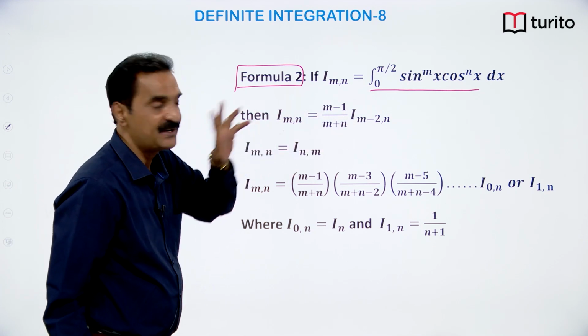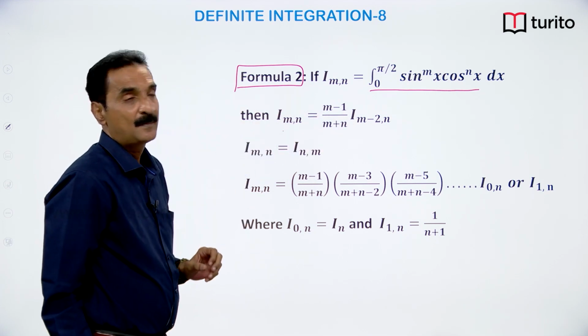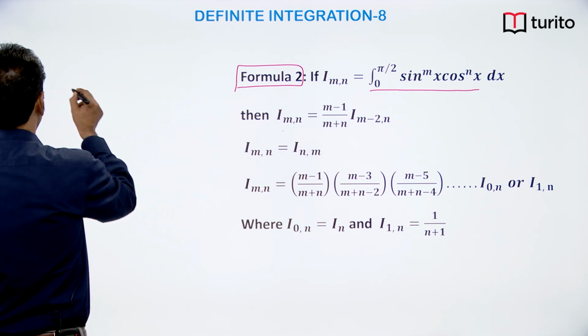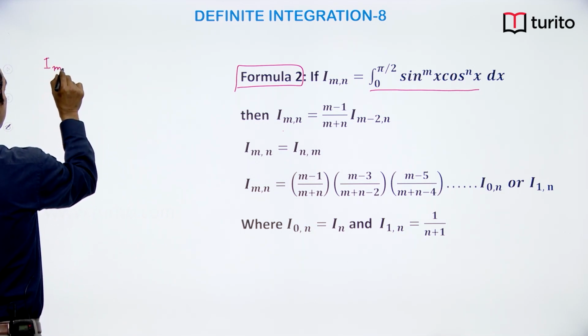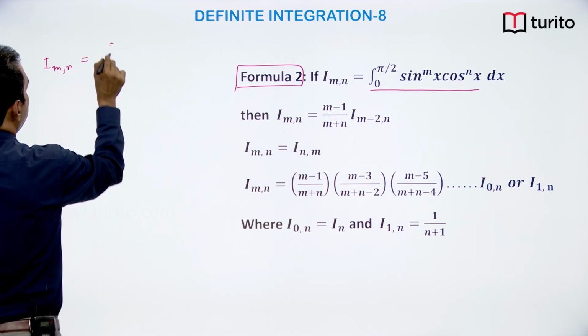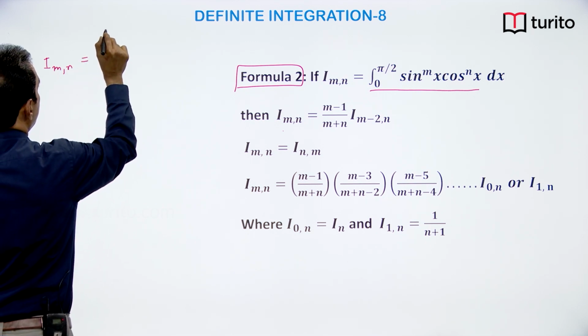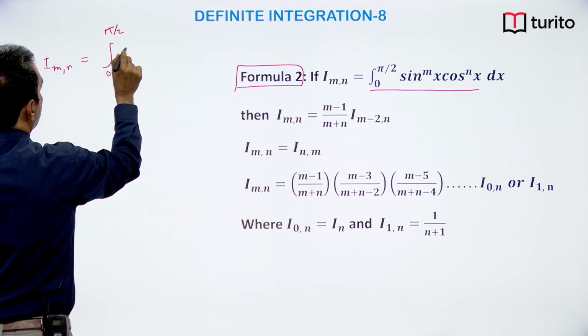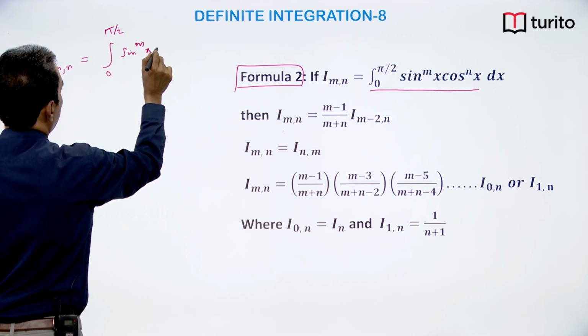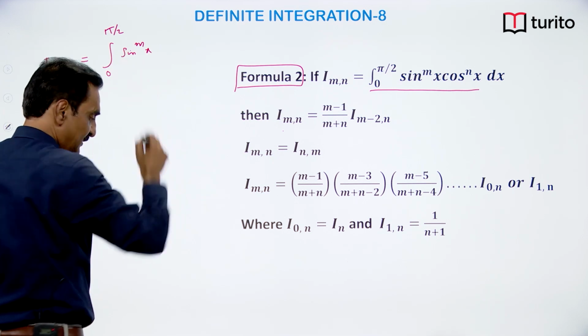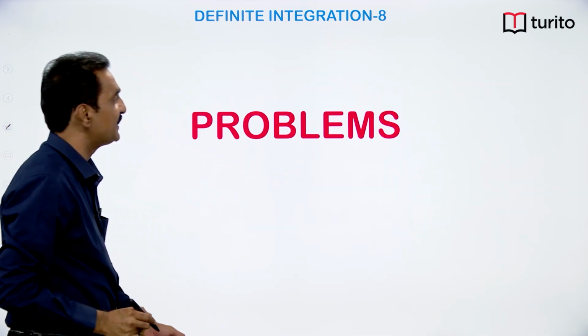I am reducing m here. How? If you take Imn is equal to integral 0 to pi by 2 sin power m x, I will prove it on another page, space is not enough.